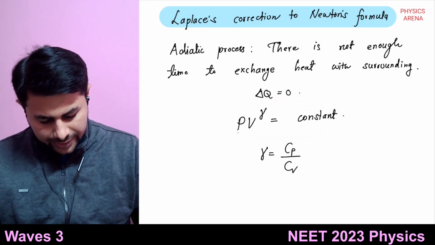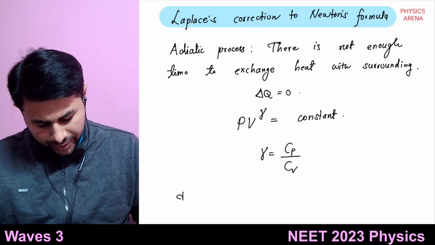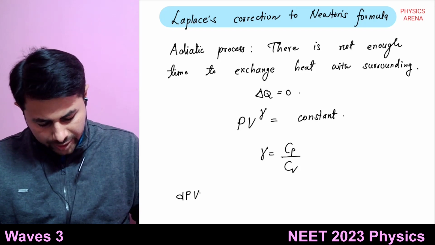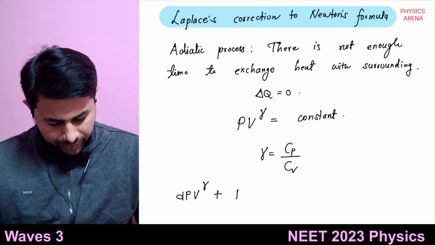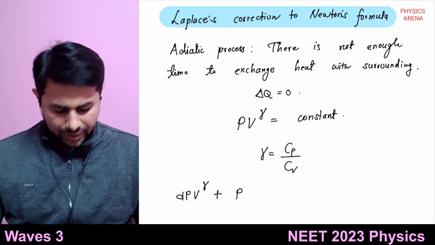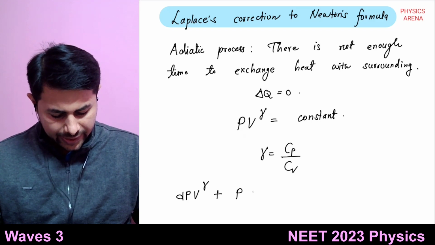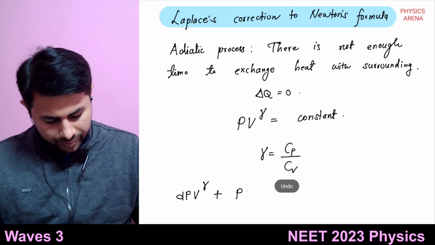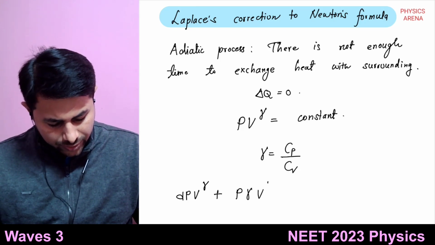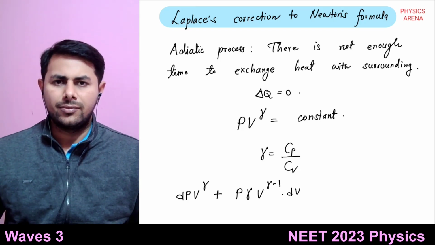So now let's differentiate this. If we differentiate this, what do we get? dP multiplied by V raised to gamma as it is, plus P as it is, multiplied by the derivative of V raised to gamma, which is gamma multiplied by V raised to gamma minus 1 multiplied by dV.